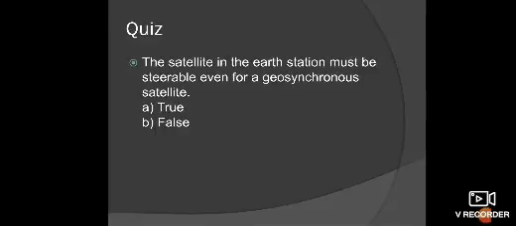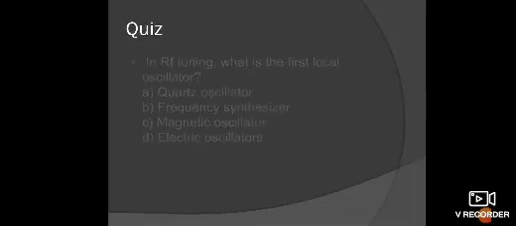So the satellite earth station must be steerable even for a geosynchronous satellite also, whether it is a true statement or a false statement. Let us see the answer, it is a true statement. The earth station must be steerable even for a geosynchronous satellite. It is a true statement.